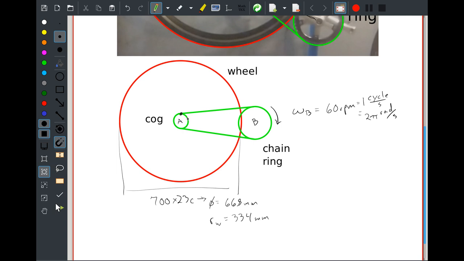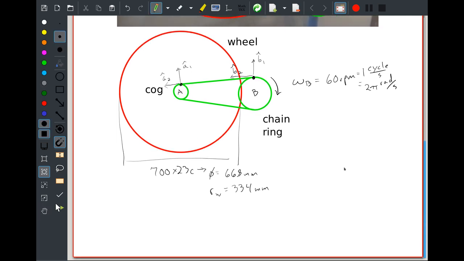If I call this point A and this point B, so that's why I called it A and B like that. I'll give this a coordinate system, this A1 and A2, and I'll give this a coordinate system along here, this B1 and B2. And these are just where the chain is connecting to the top of the gear.